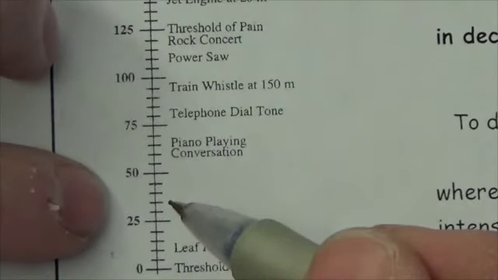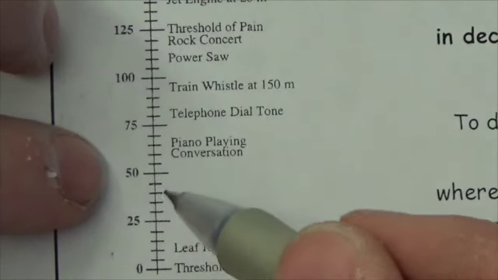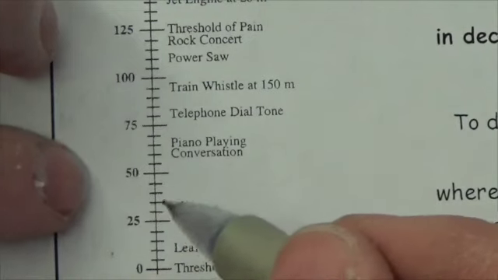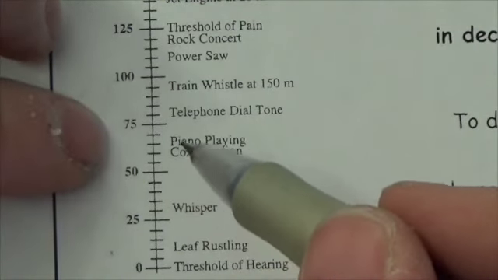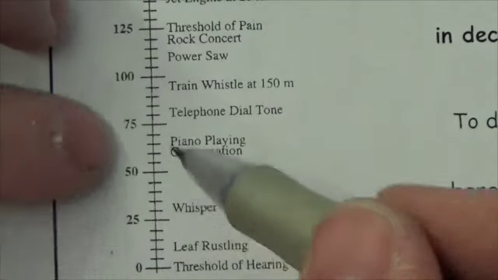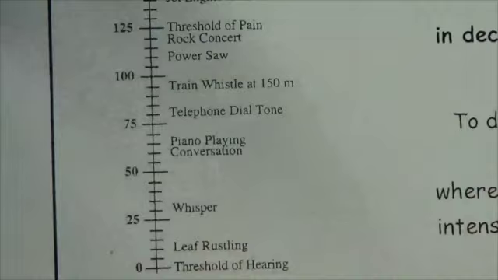So to go from, for example, a measure of 40 to a measure of 50 in decibels, that sound at 50 is 10 times louder than the one at 40. If you go from 40 to, let's say, 60, because that's 20 decibels larger, that corresponds to a multiple of 100.